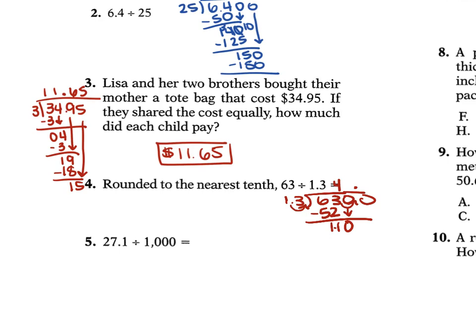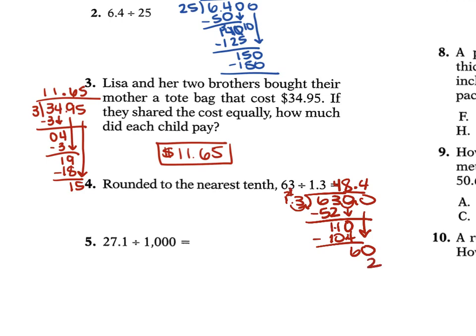Then we have 13 goes into 110 how many times? I'm going to try 8. So 8 times 3 is 24. 8 times 1 plus 2 is 10. So I subtract these now, and I get 6. I bring down that 0. 13 goes into 60 4 times. 4 times 3 is 12.